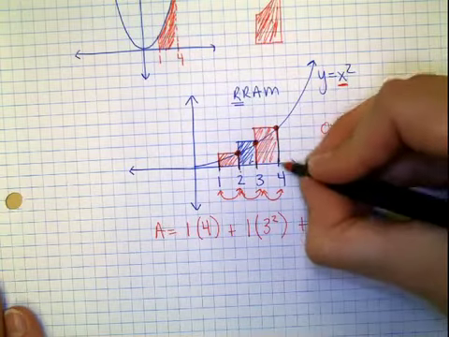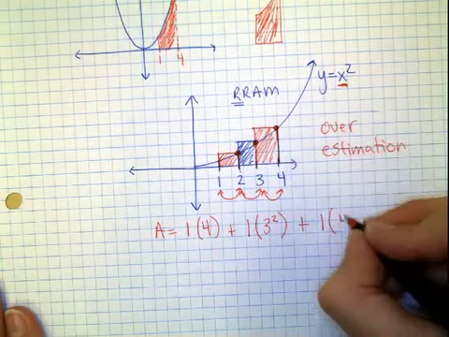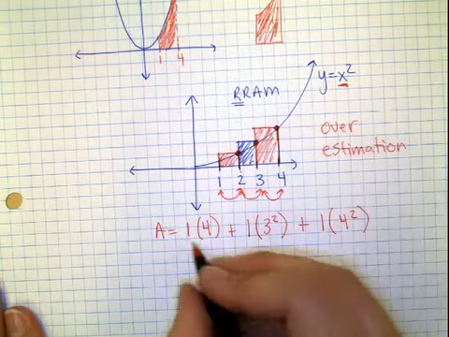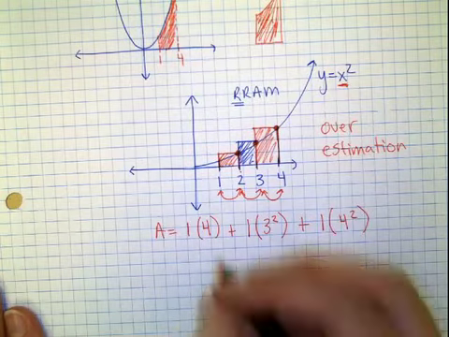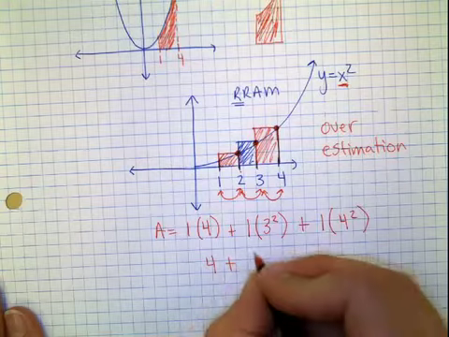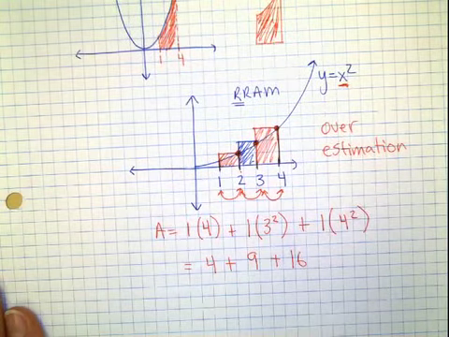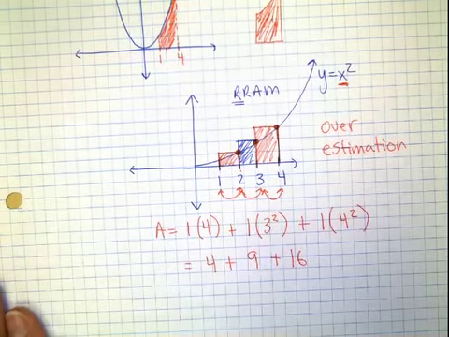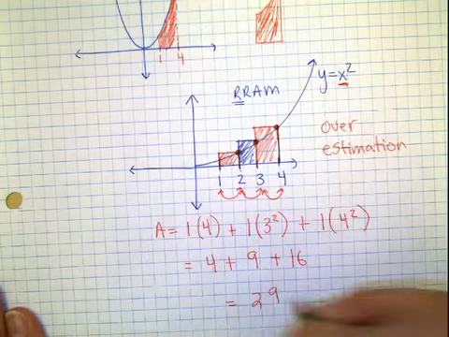And then the curve depends on the number 4. 4, if you put it into x squared, is 4 squared. So we have a length times width for the 3 different rectangles. So we have 4 plus 9 plus 16. And if we were to add up 4 plus 9 plus 16, we're going to get 29.